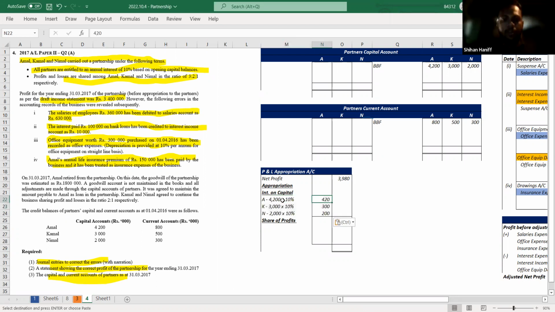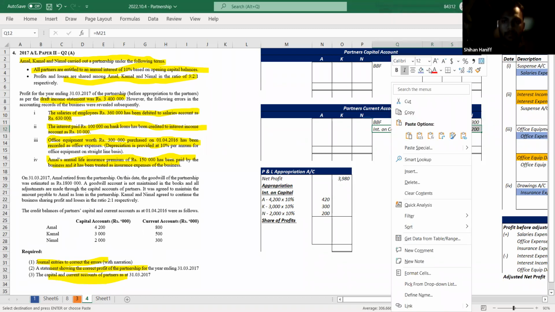So interest on capital is 420, 300 and 200. That will be credited to the current account. Interest on capital.